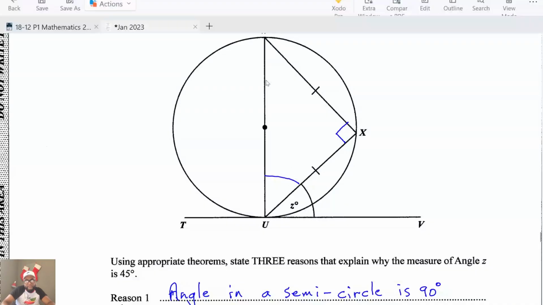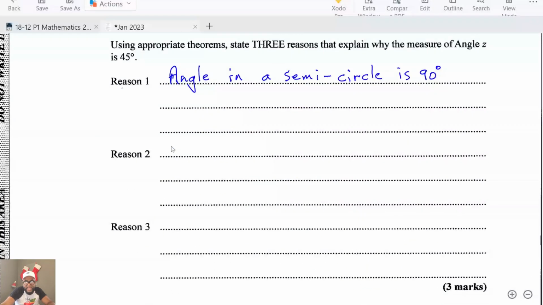The 2 angles there, because it is an isosceles triangle. So here will be 45 and here will be 45. Base angles of an isosceles triangle are equal.